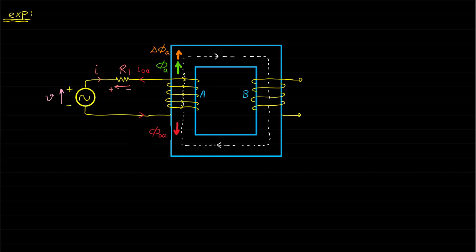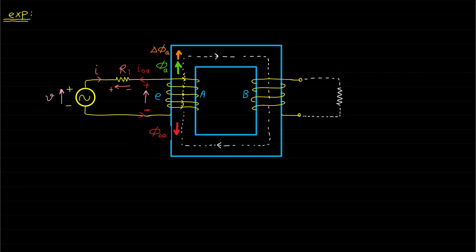Based on the direction of this current, the polarity of the induced voltage will be a positive sign at the place where the current IOA is out of the coil, and a negative sign at the place where the current IOA enters the coil. Let's apply the same concept and procedure to coil B.